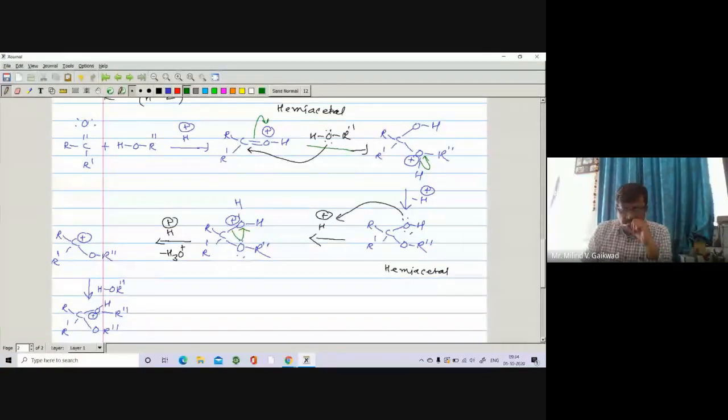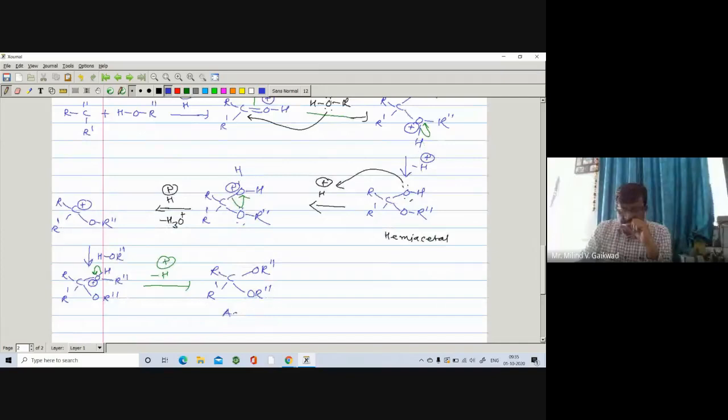So this sigma bond opens on the oxygen. There is a removal of H positive, and you get here R, C, R dash, OR double dash, OR double dash, and it is called acetal. So there is a formation of acetal when two molecules of alcohol attack.